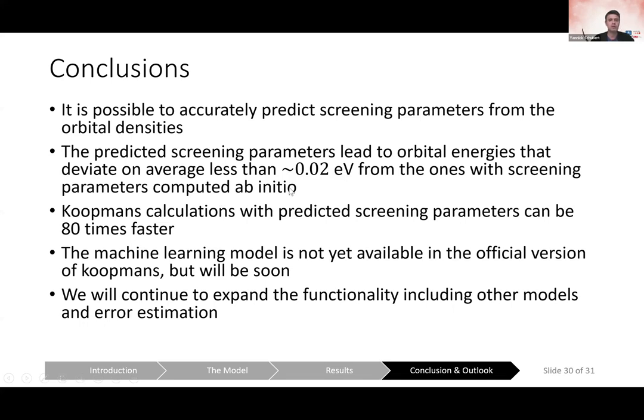We saw that it is easily possible to get speedups of 80 times by using the machine learning model to predict the screening parameters instead of computing them ab initio.